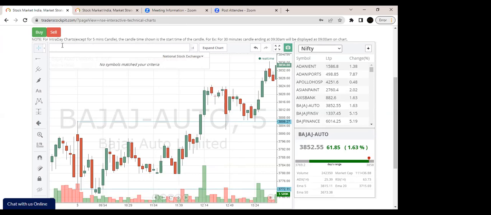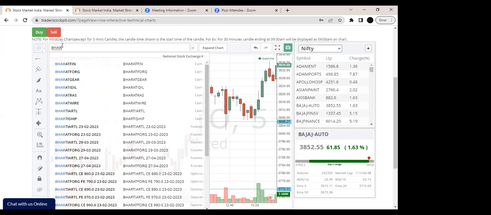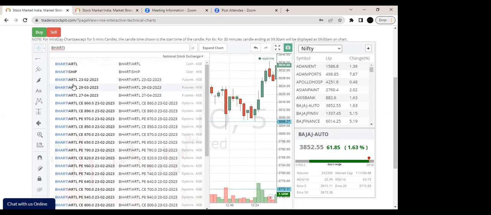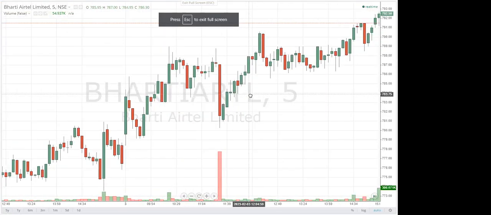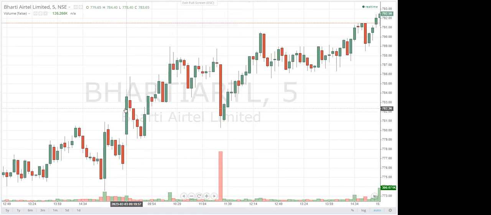Let's say I go to the Bharti Airtel stock, and I'll go with the first candle. This is the first candle.